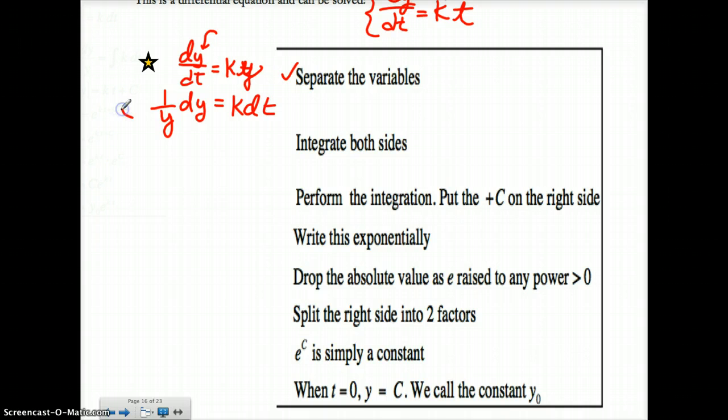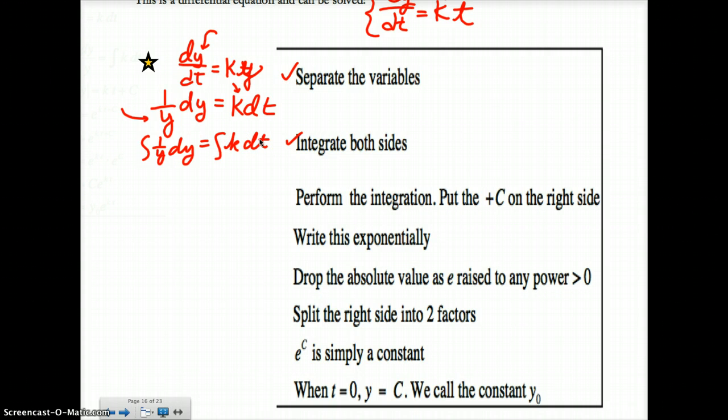And since I'm trying to solve it here for y, or for the quantity, so I can make a prediction what's going to happen later in time, I'm keeping my k over here. I mean, technically you could divide both sides by k, but again, when you're trying to isolate y, get everything else off onto the right-hand side. So then we integrate both sides, and we get the integral of 1 over y dy is the integral of the constant with respect to time.